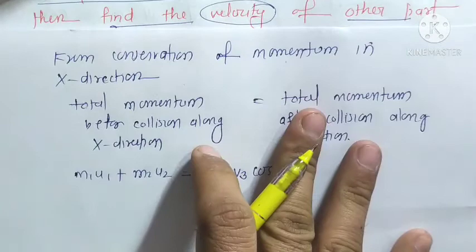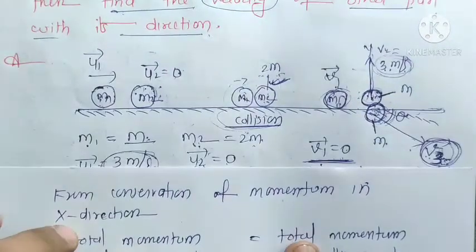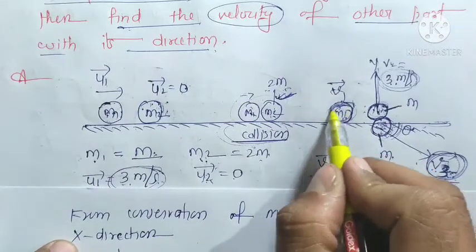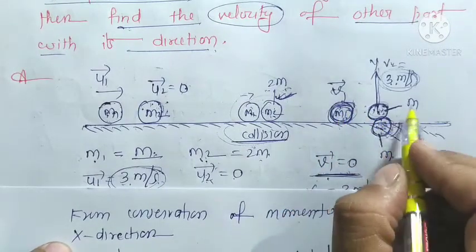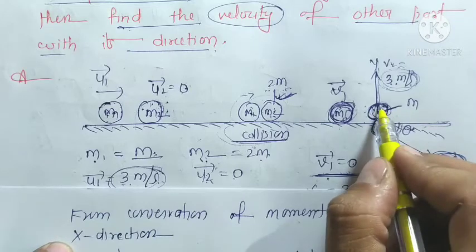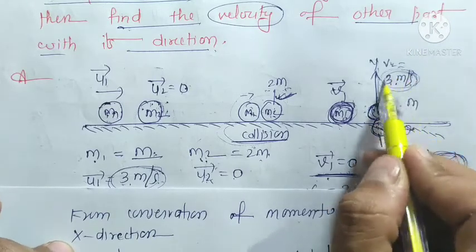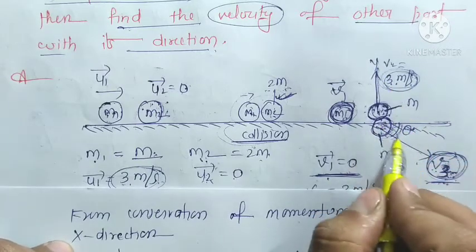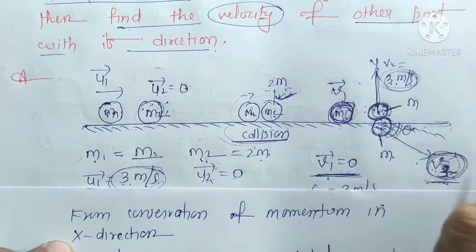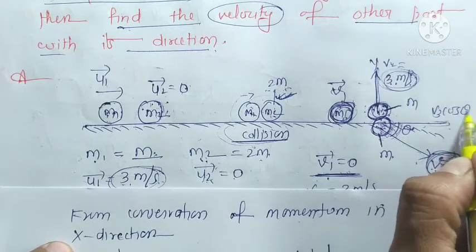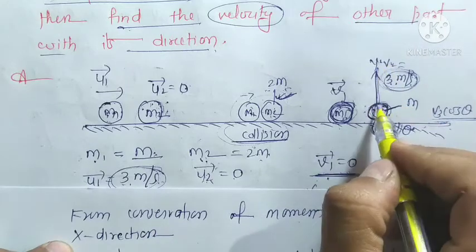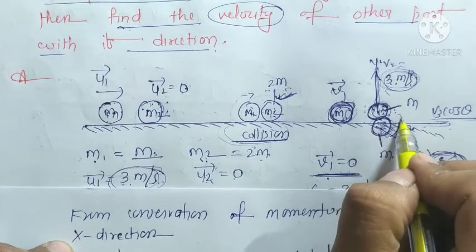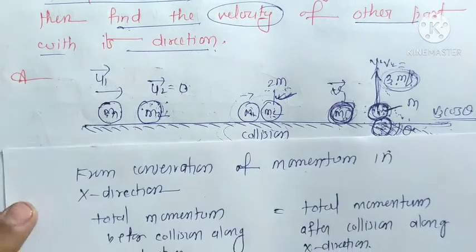How does it happen? You see in this figure, this body is at rest. This part moves with velocity 3 meter per second along the vertical direction, and this body moves with velocity v3, so its horizontal component is v3 cos theta. The other body moves only in the vertical direction, so no horizontal component of it exists.